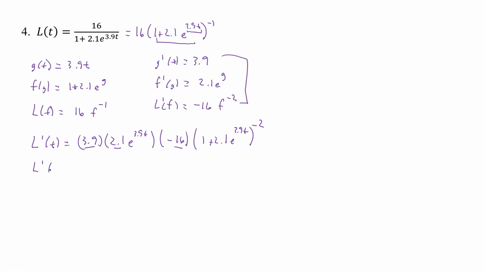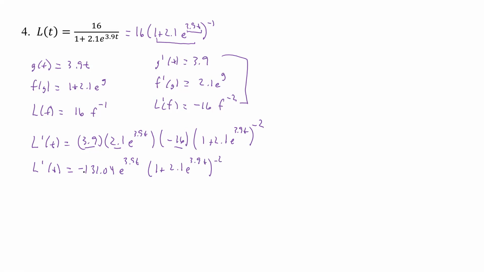So 3.9 times 2.1 times negative 16 gives negative 131.04 e to the 3.9t times 1 plus 2.1 e to the 3.9t to the negative 2.